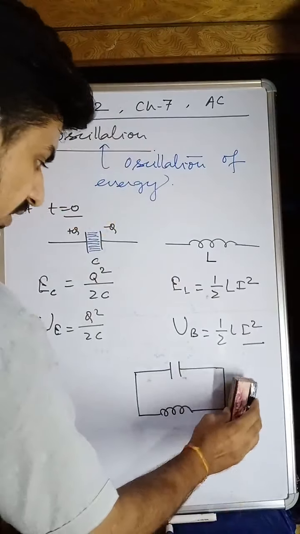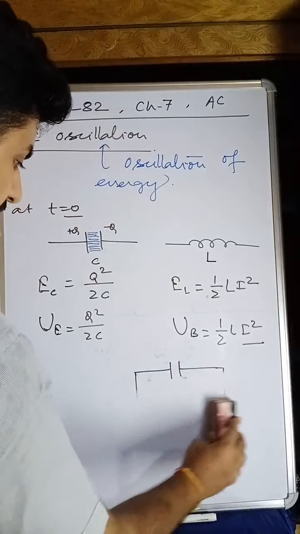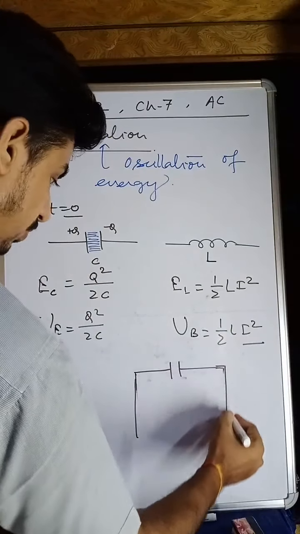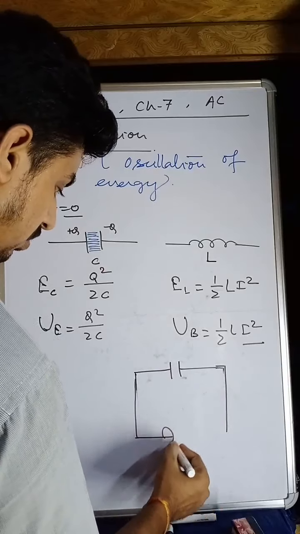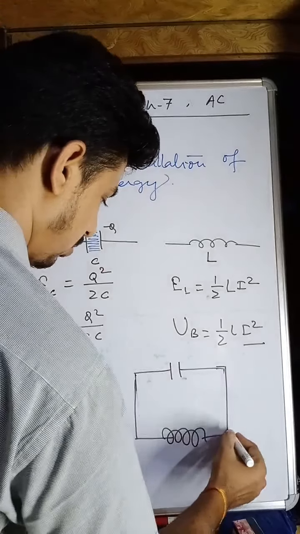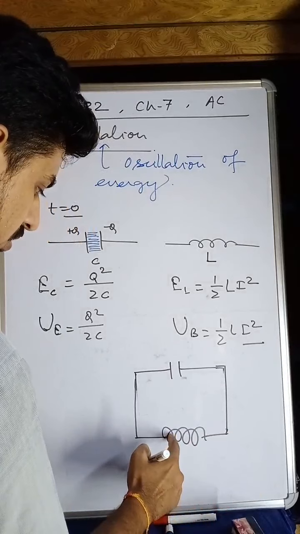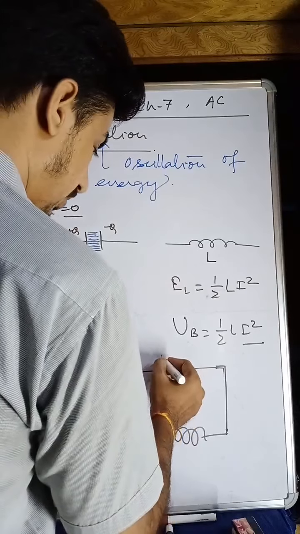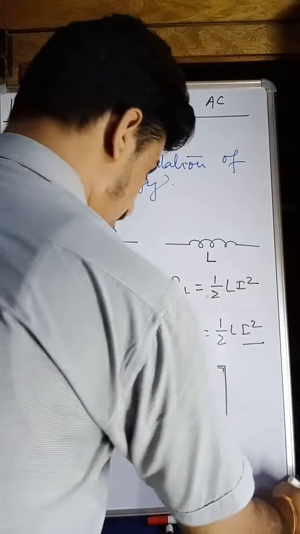Here, let me draw this diagram a little bit bigger to explain the concepts. This is the inductor. Plus Q, minus Q.